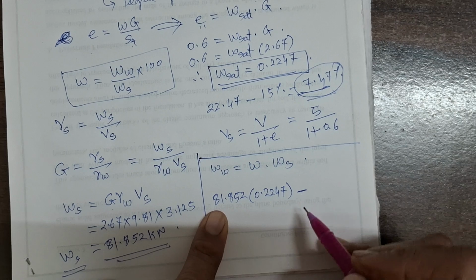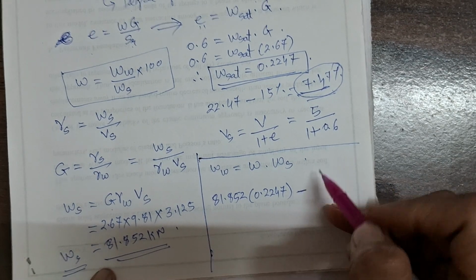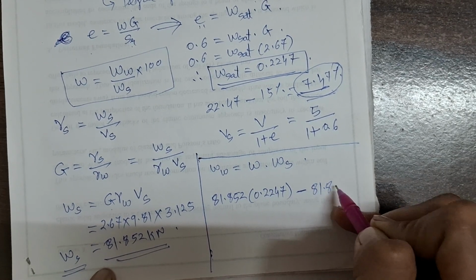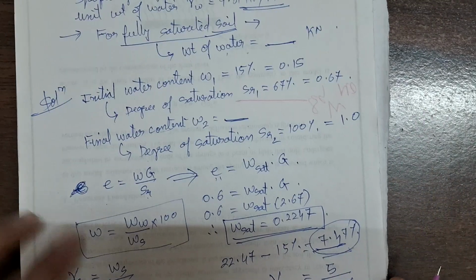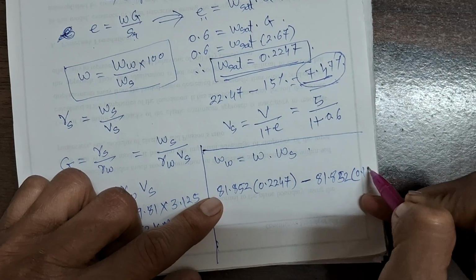Weight of solid will remain constant. So 81.852 into the initial moisture content, that is 0.15.